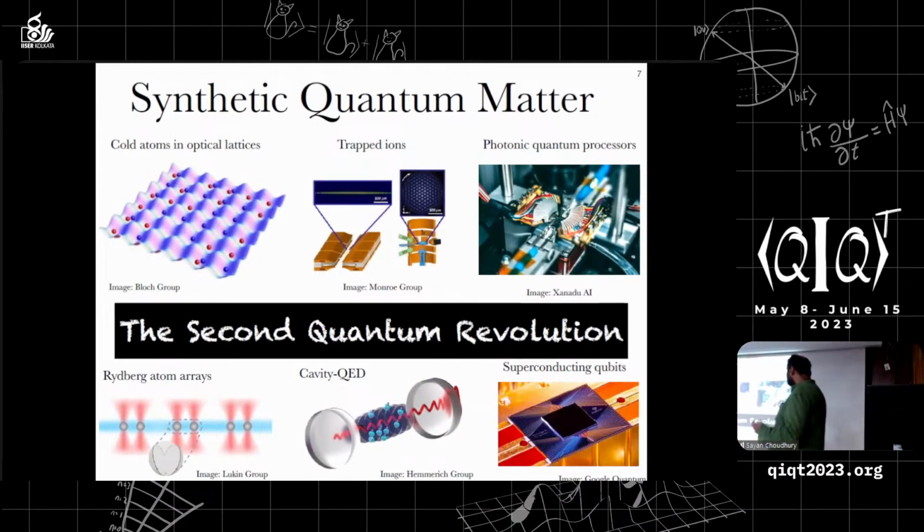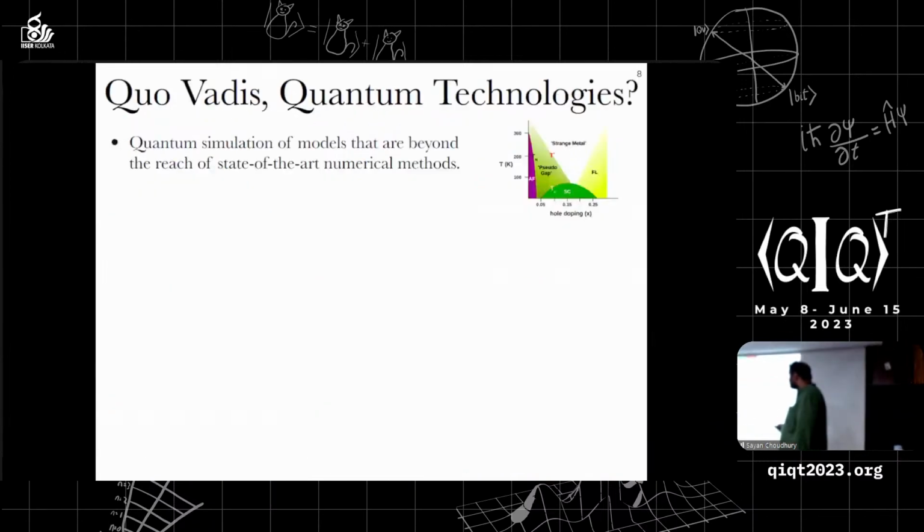So if you look at what are the future goals with these systems in terms of quantum technologies and in terms of quantum many-body physics, one of the goals that motivated a lot of this work in the first place is the quantum simulation of models that are beyond the reach of state-of-the-art numerical methods. This was a vision first propagated by Feynman, when he proposed that simulating quantum systems is inherently very difficult because your Hilbert space grows exponentially with the system size.